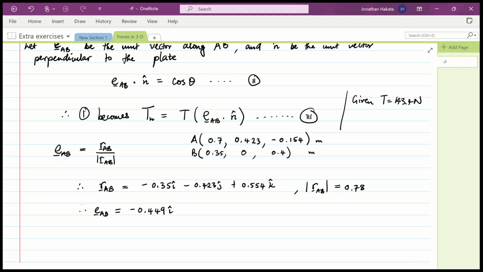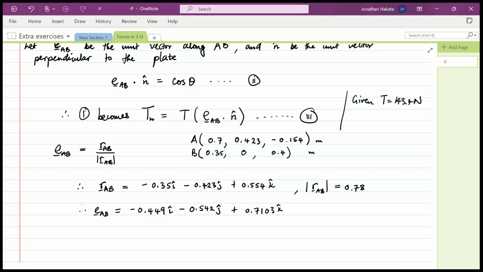And for the y term, you have minus 0.542j, and lastly 0.554 divided by 0.78, you get 0.710k. Now this is our unit vector along the line AB.